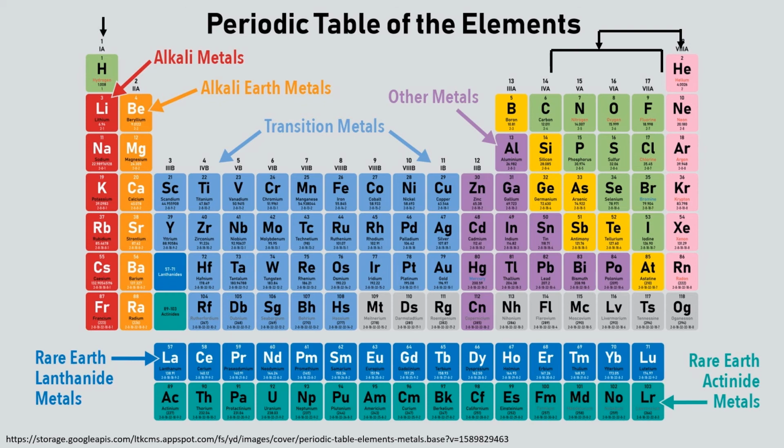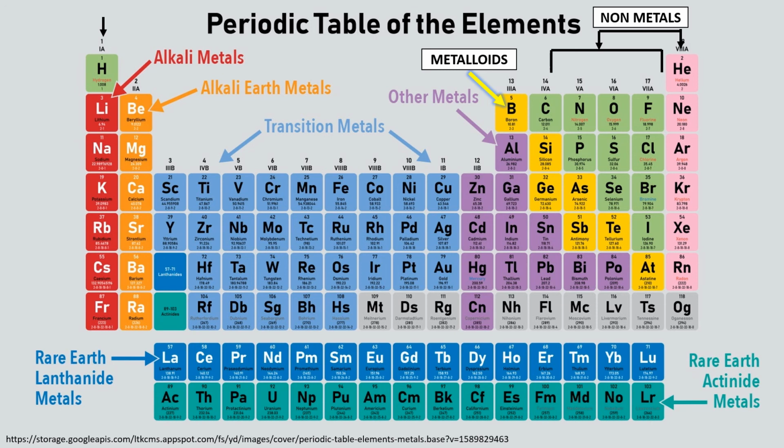Hydrogen, carbon, nitrogen, oxygen, fluorine, phosphorus, sulfur, chlorine, selenium, bromine, iodine, and the noble gases are called nonmetals. Then, as you can see here, the yellow part, which is the stair-like structure, is the metalloids.